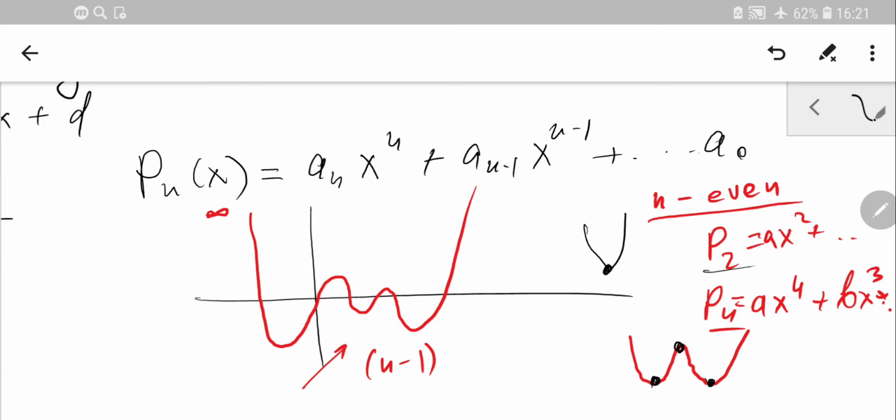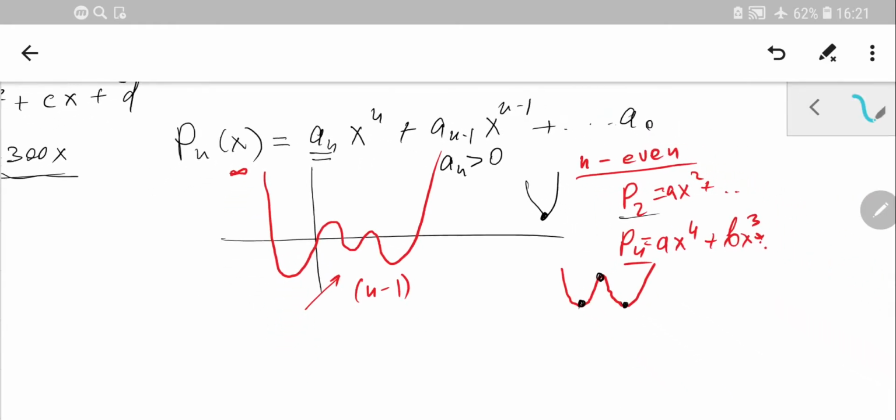In both cases, the behavior also depends on the leading coefficient. In this case, the leading coefficient is more than 0. In the case that it's negative, your graph would just be reflected downward.